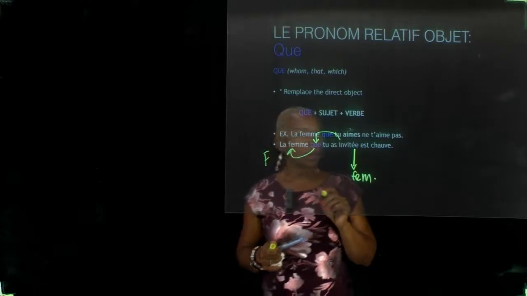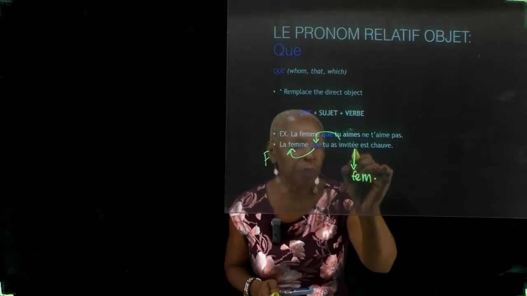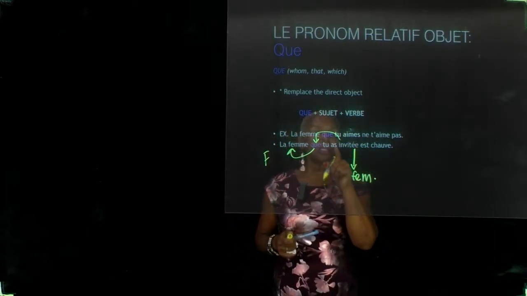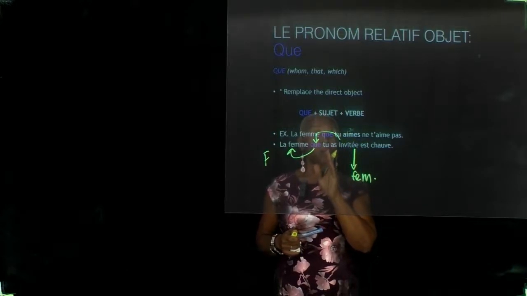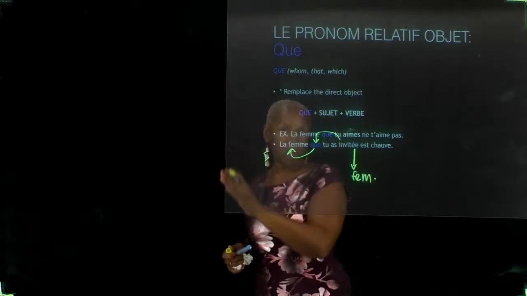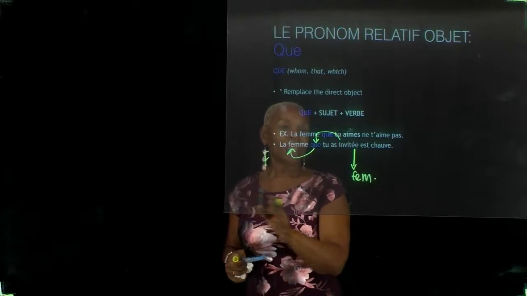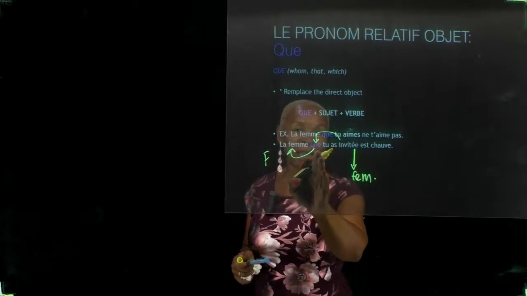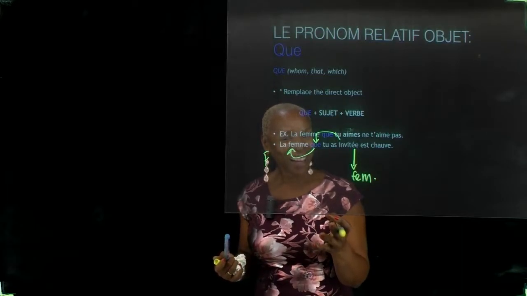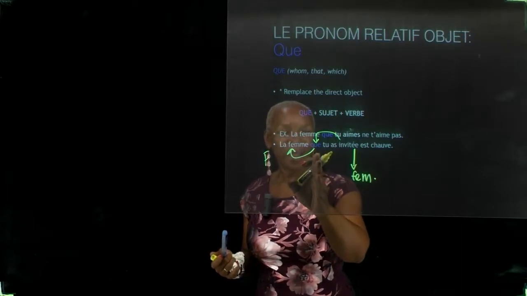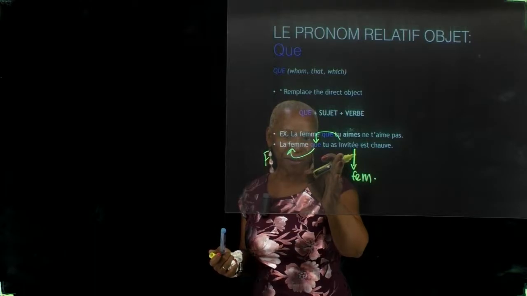Don't remember the rule that the past participle agrees in gender and number with the noun when it's placed before the verb, okay? So a relative pronoun like que, which is a direct object, right, is always preceding the verb.